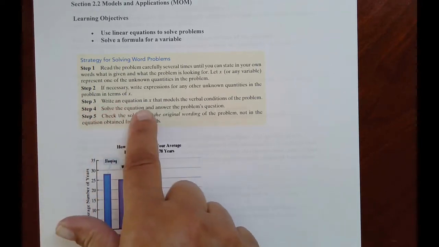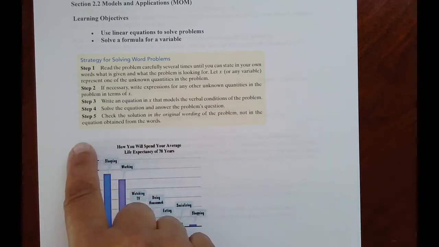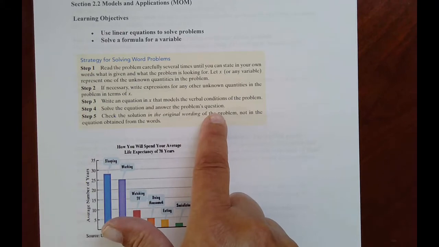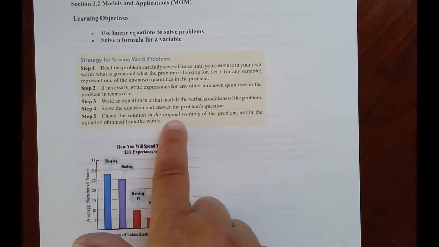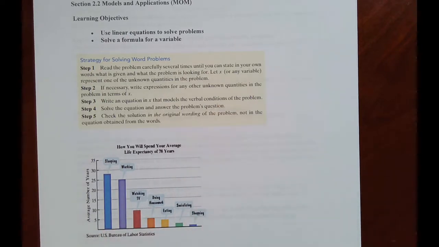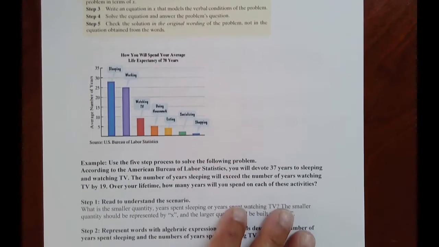Step 3, write an equation in x that models the verbal conditions of the problem. Step 4, solve the equation and answer the problem's question. Check the solution in the original wording of the problem. Okay, so what I'm going to do is demonstrate these 5 steps in this first example.